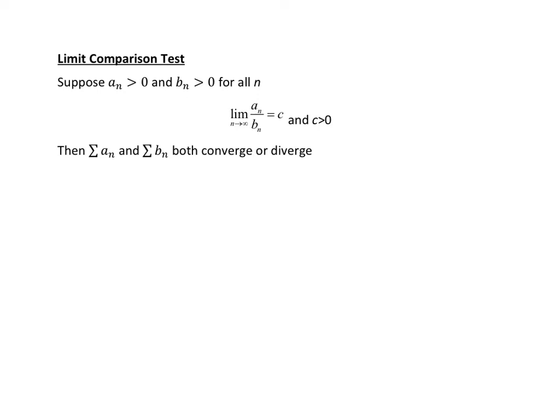If the limit as n approaches infinity of a sub n over b sub n equals c, and c is greater than 0, then both of these series converge or both diverge. We're going to pick some additional series that we know converges or diverges, do this calculation, and see if we get a c greater than 0.